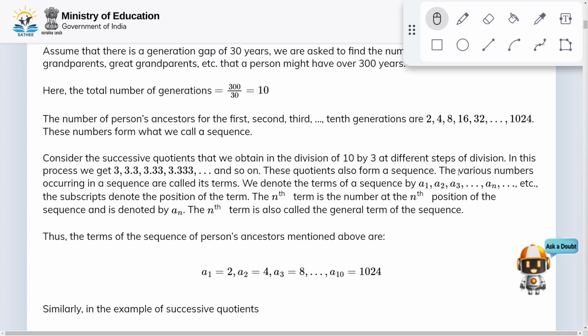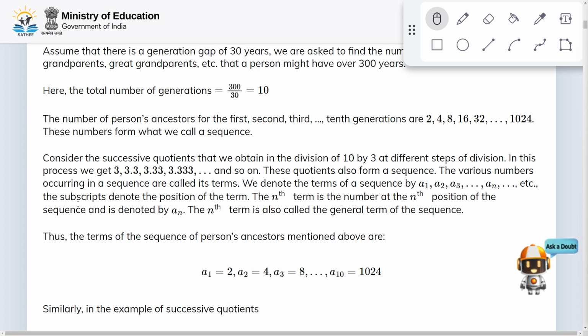The various numbers occurring in a sequence are called its terms. So these individual numbers, we will be calling them terms. We denote the terms of a sequence by A1 for first position, A2 for second position, A3 for third position, An for nth position, and so on. The three dots represent that the sequence might go further.